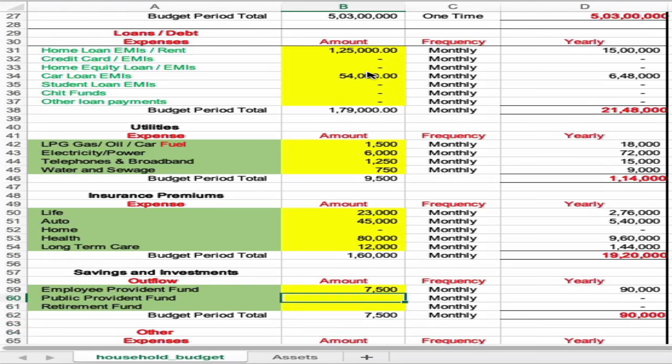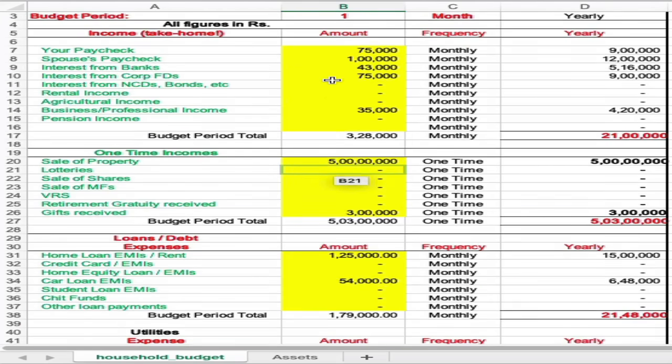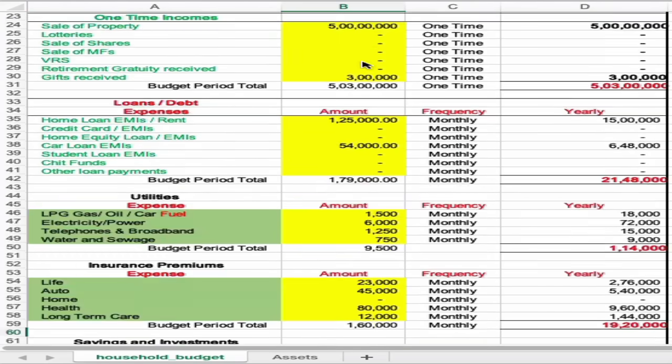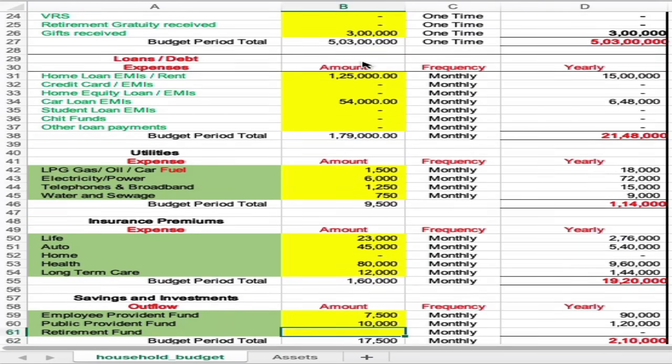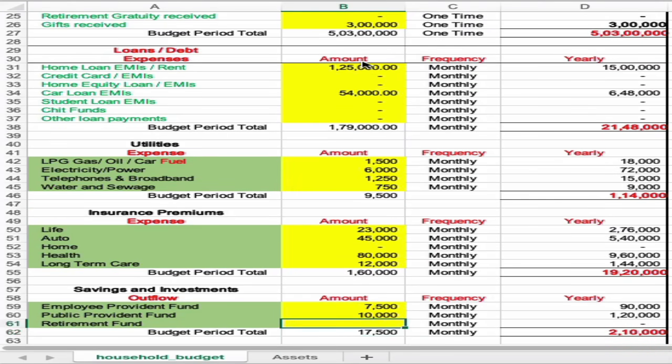Then let's say public provident fund, you're again saying equal to 10% of your spouse's salary. Then retirement fund, let's say you have taken up some scheme for retirement or something, then you enter it here. Right now I am putting a 0.